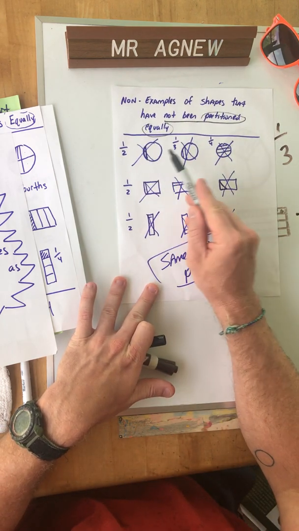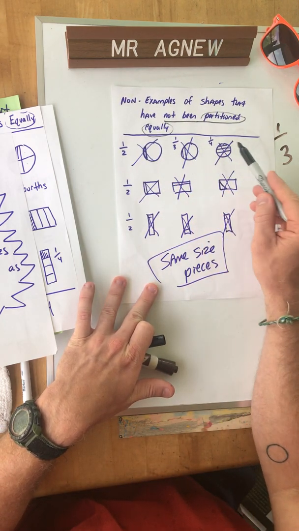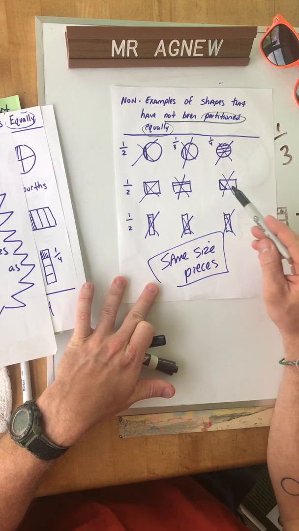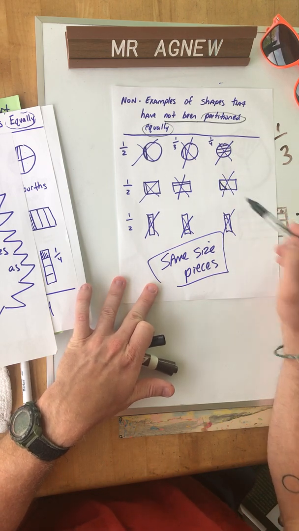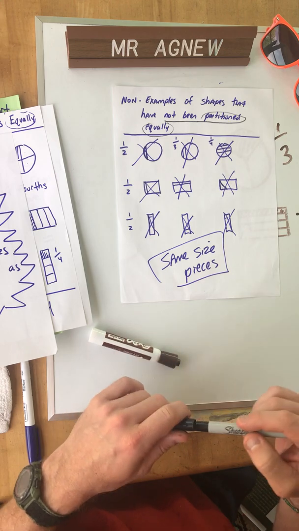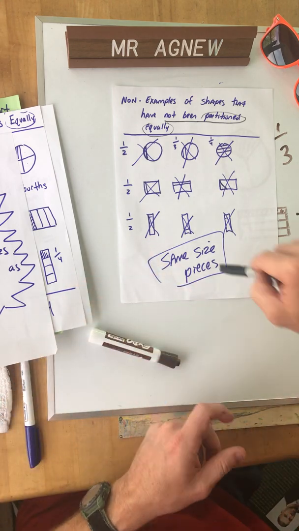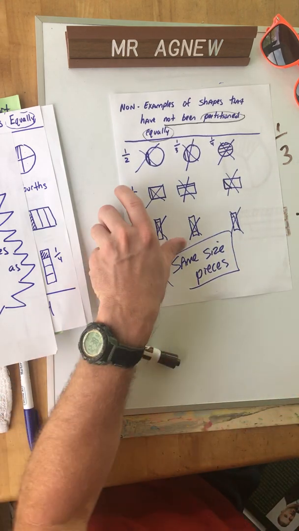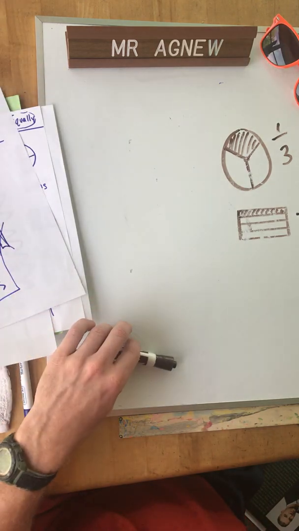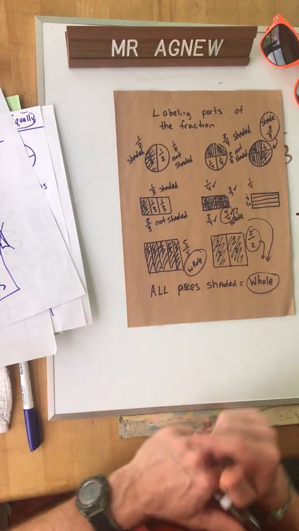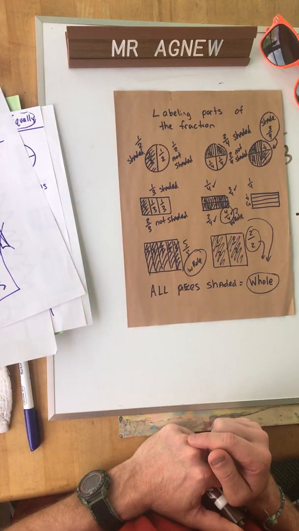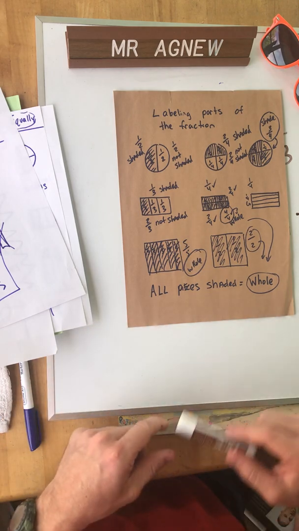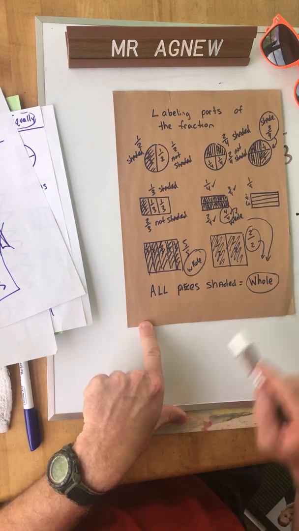This piece was too small. These aren't the same size. Even at the corner, it's not the same size. None of these are the same size, even though there's 2 pieces. They gotta be the same size pieces. Okay? And we labeled some. And we talked about shading more than one piece. If all the pieces are shaded, it's a whole.